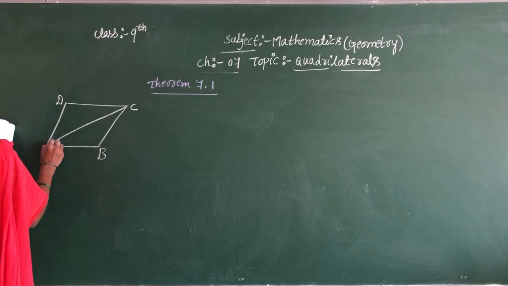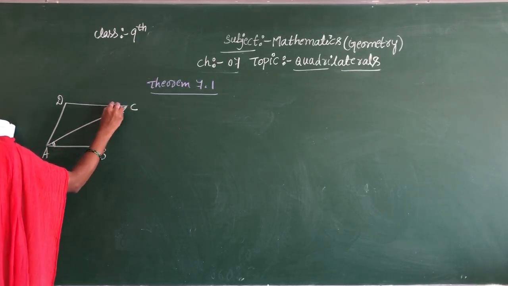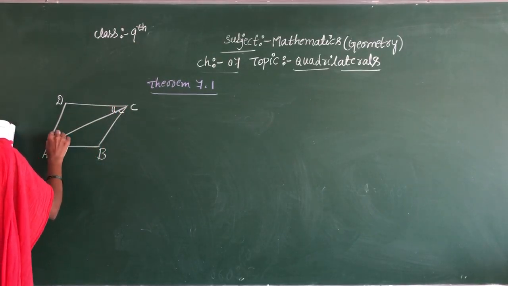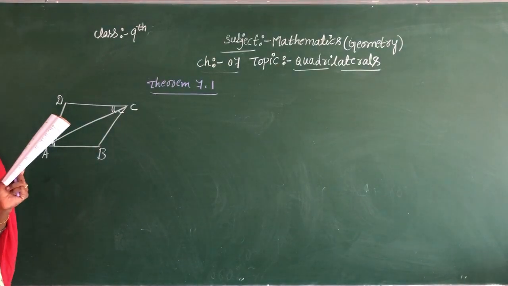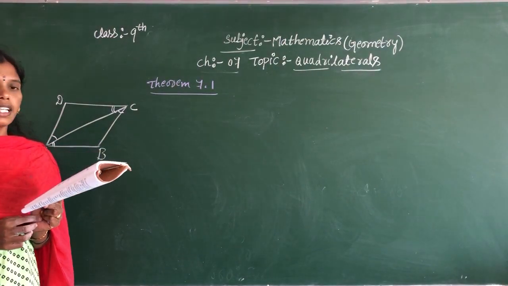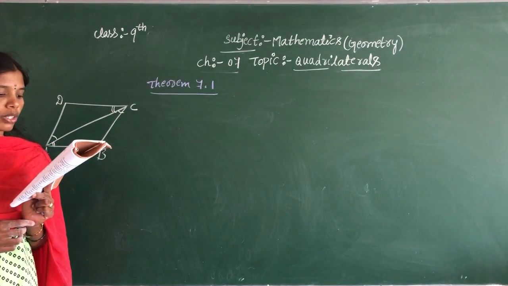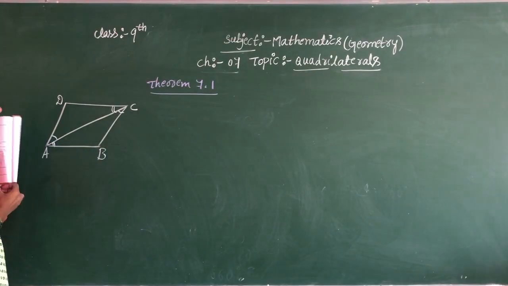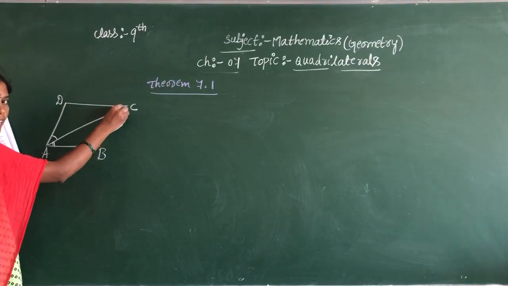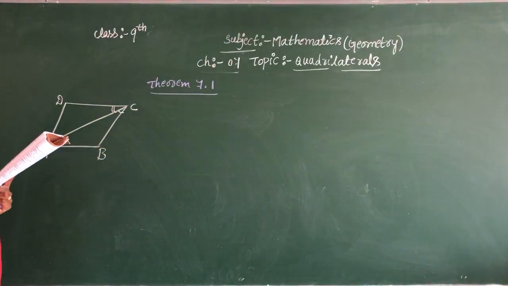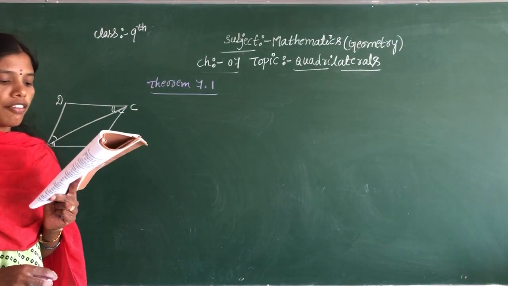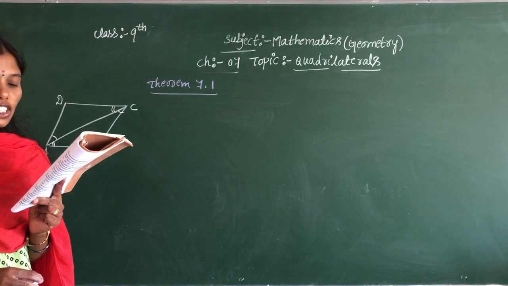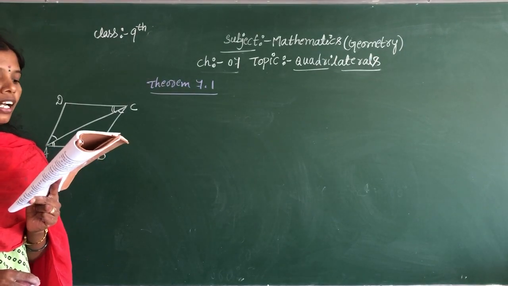This is an angle, this is an angle. In theorem 7.1, a diagonal of a parallelogram, AC is one of the diagonals. A diagonal of a parallelogram divides it into two congruent triangles.